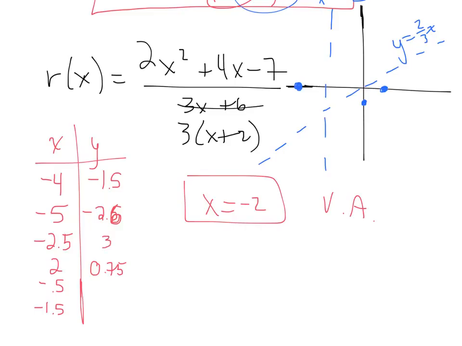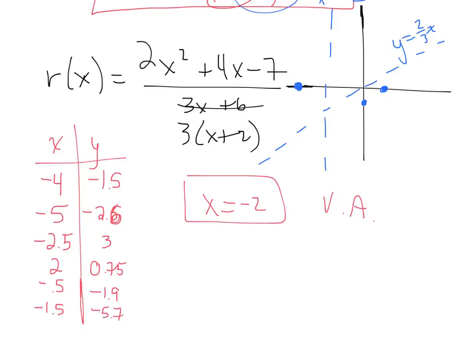Negative 0.5? Negative 1.889. Mike? Negative 1.8 for negative 0.5? Oh, it's easy. That's fine. Negative 1.5, Mike? What do you got for that one? Negative 5.667.